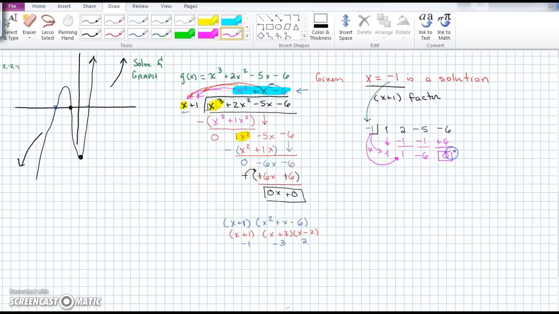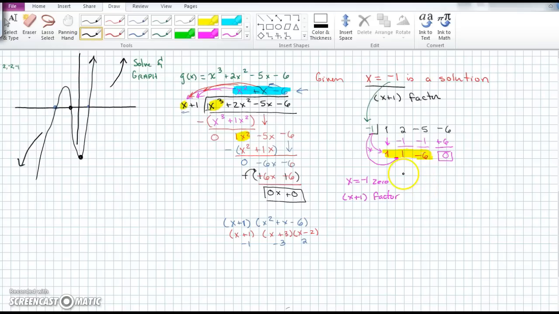The fact that I have 0 as a remainder means that I have done it correctly. It means that x equals negative 1 is a zero. That means x plus 1 is a factor. It also means that what you see here are the coefficients of the other factor.